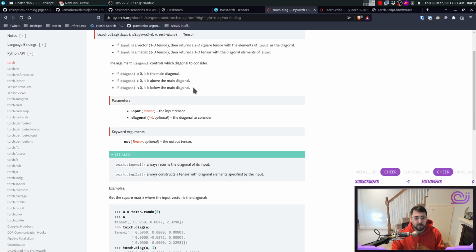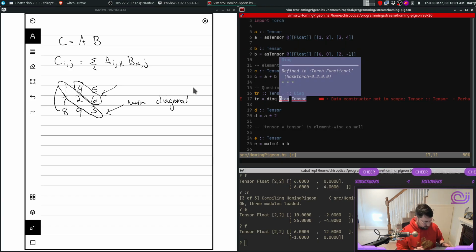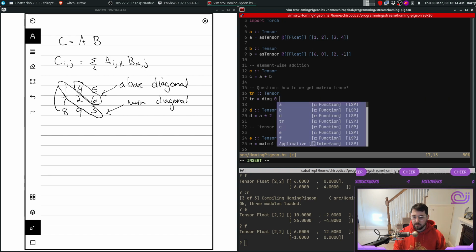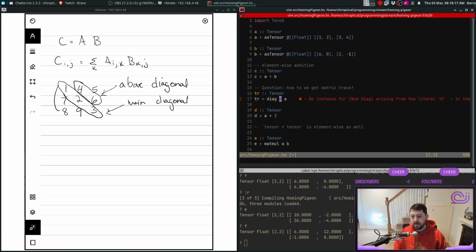Sorry, I got too many things on my desk right now. Above. And let's see if we can actually get that to work. So I'm going to guess that this is just a 0, and then our tensor will be A.